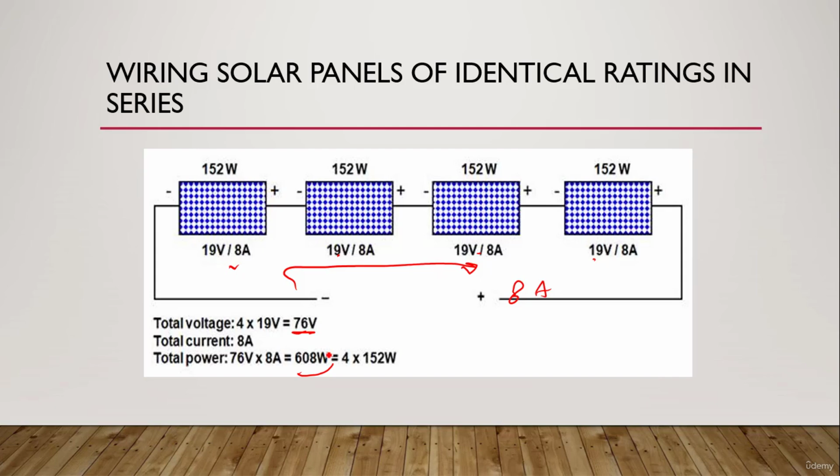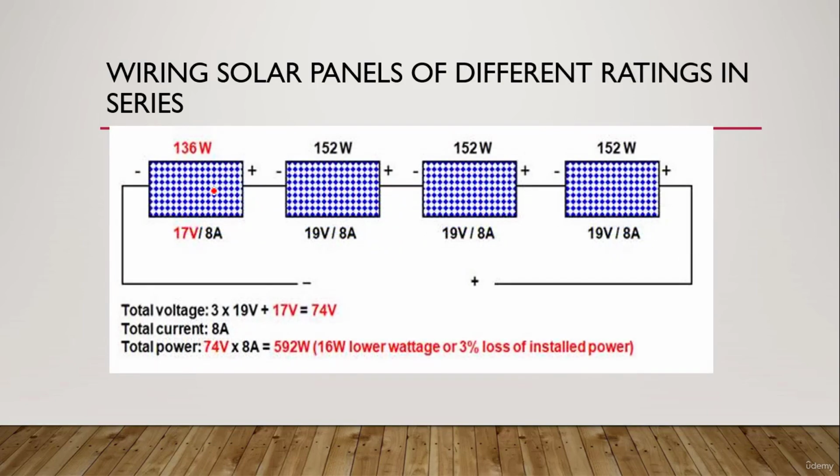Now, what would happen if we have shading on the first one and the power reduced to 136 watt and the voltage reduced to 17 volt? First thing, the current is going to stay constant at 8 ampere.